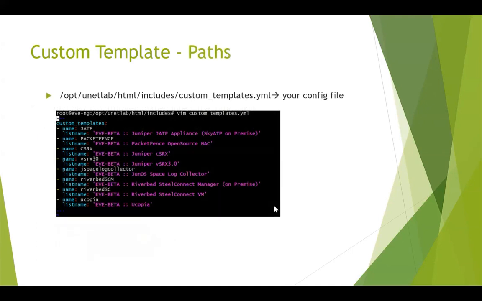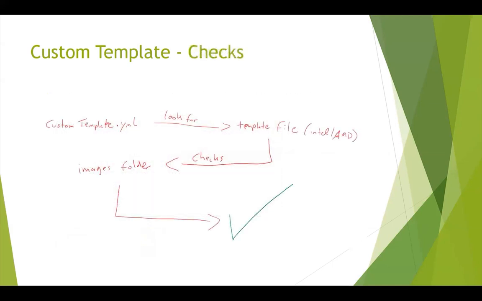And like I said, we also need this custom templates YAML file. That is basically where you tell it, okay, this is the name of the template that I have created. Then there's also a list name that you can choose. That is the one that will be displayed in the EVE GUI. Basically, this custom template YAML looks for the template file in your Intel or AMD folder.